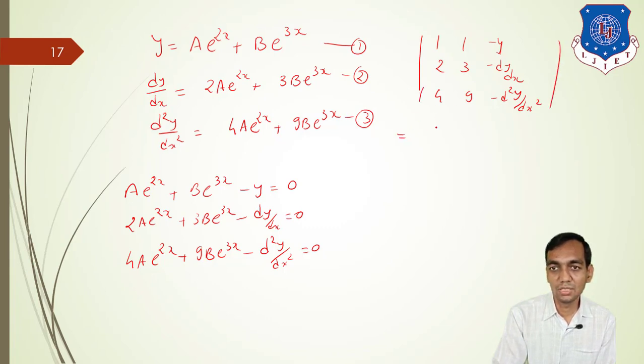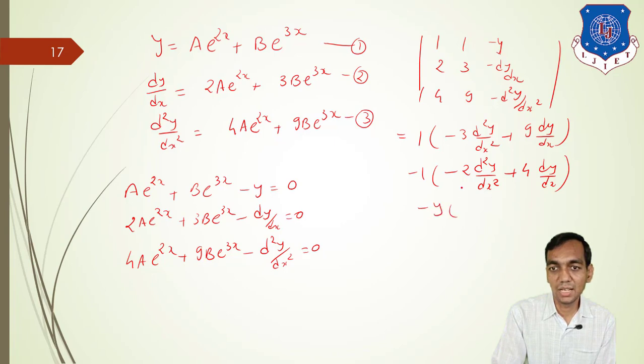So we are going to start with 1 into minus 3 d square y by dx square plus 9 dy by dx, minus 1 into minus 2 d square y by dx square plus 4 dy by dx, and the last one is minus y into 4, 9 2 is 18 minus 12.